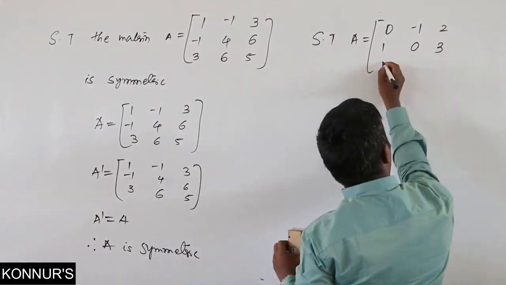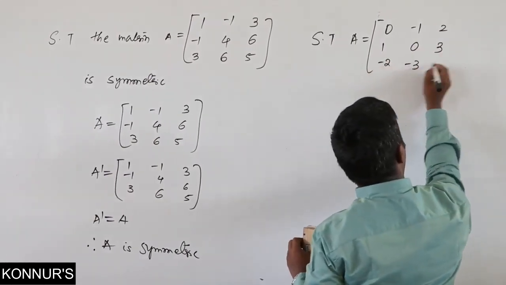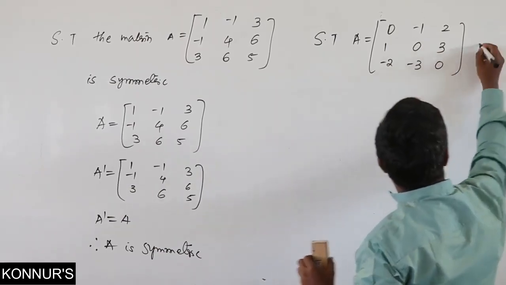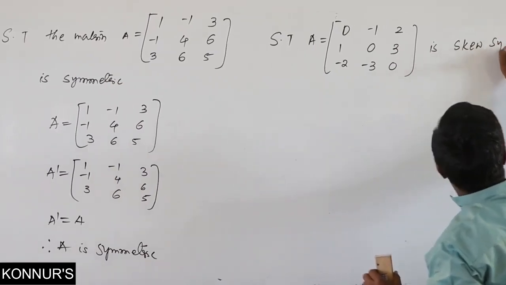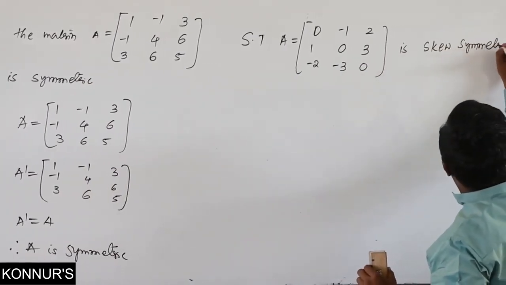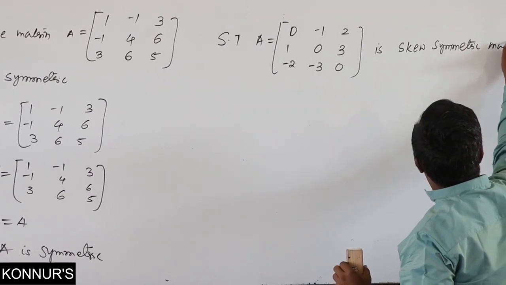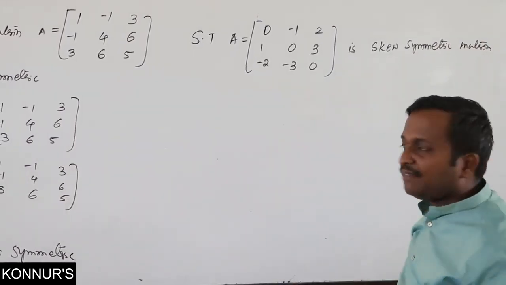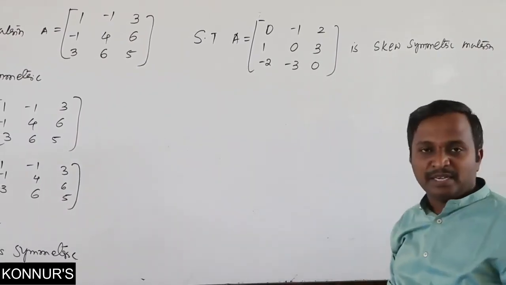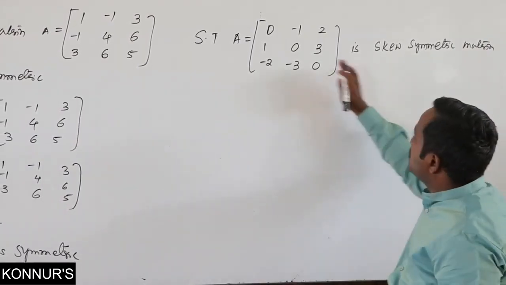Now similarly, if they ask the question, show that A equal to 0, minus 1, 2, 1, 0, 3, minus 2, minus 3, 0 is a skew symmetric matrix. It is a skew symmetric matrix means what?